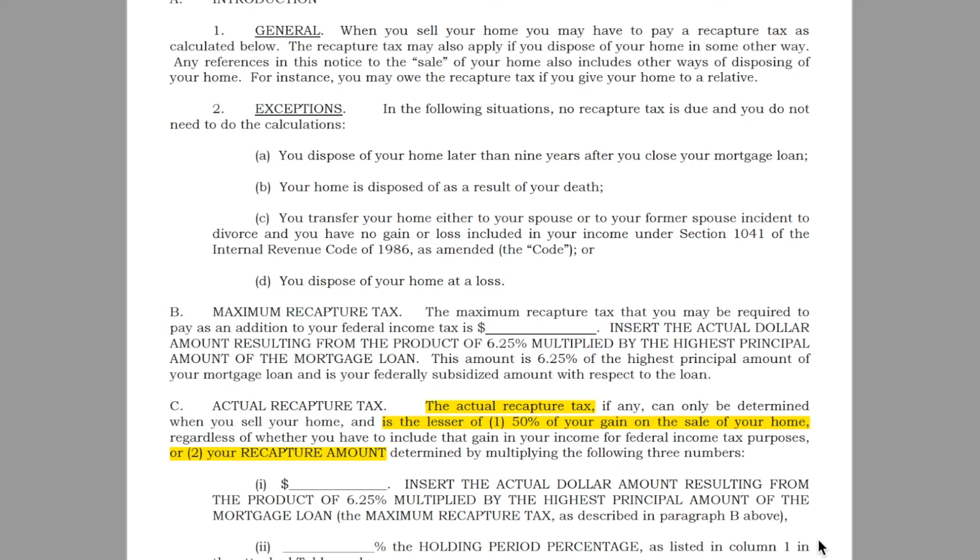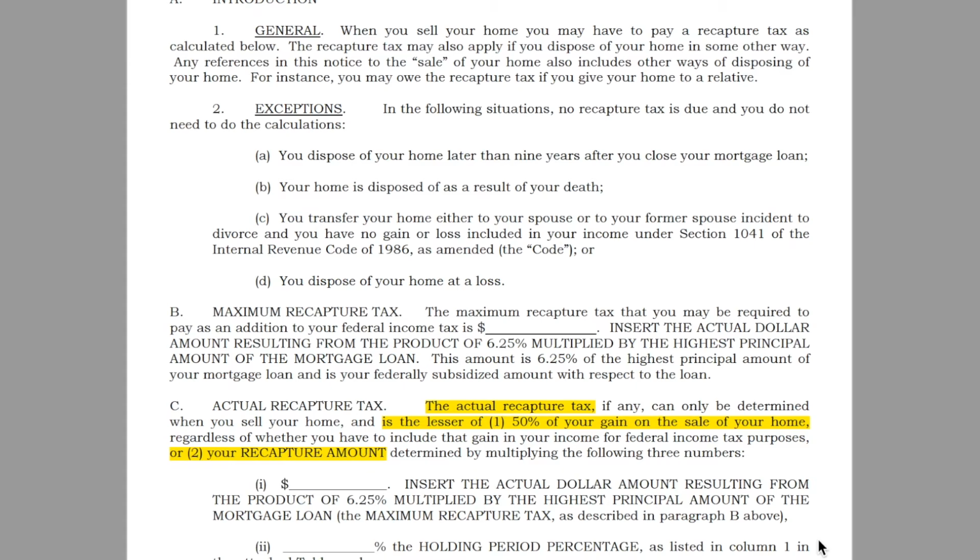In fact, I believe it's only happened once in the history of our programs, MCC certificates. So out of 5,000 or so certificates that have been issued between the mid-1990s and today, only one person has been charged a recapture tax, and this was an investor in Scottsdale. So it's very rare, but it could happen.